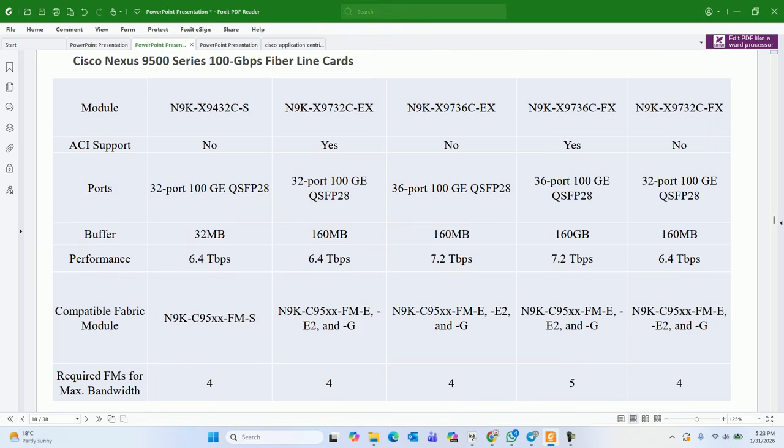Because if you are going to deploy it, first of all you will have a set of requirements from the customer, that this is what we want to achieve. And if your switch supports it, then it's great. You can just use it and deploy it.